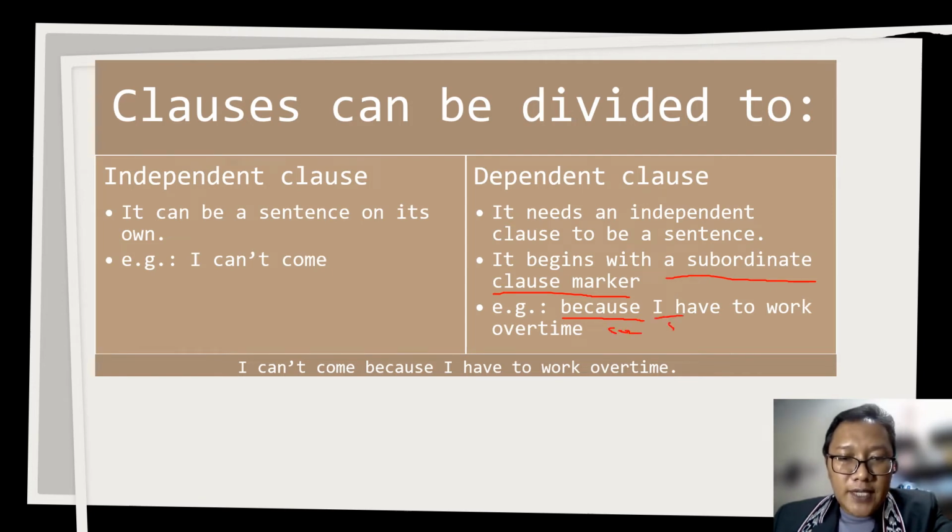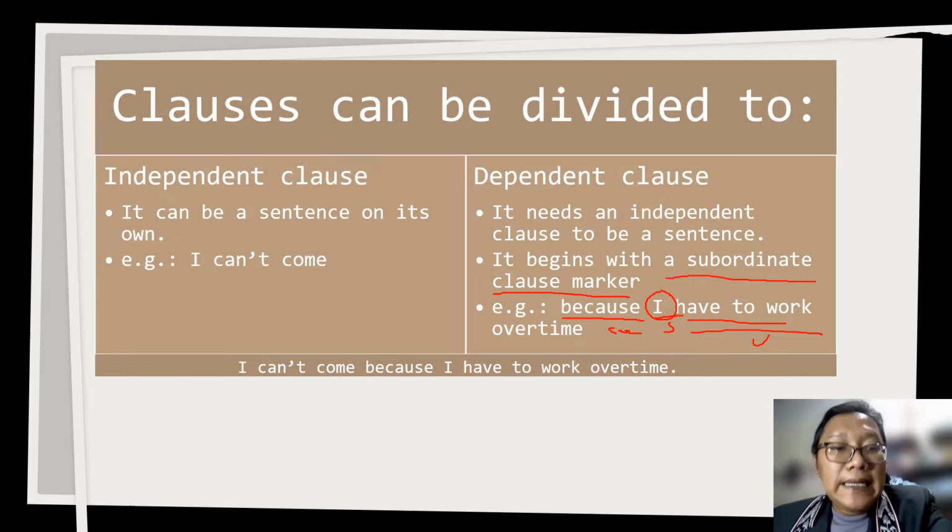And then we have the subject. We have the verb, have to work. That's the verb. Because I have to work overtime cannot be one sentence. You need to combine it with an independent clause. Hence, we have the last sentence here.